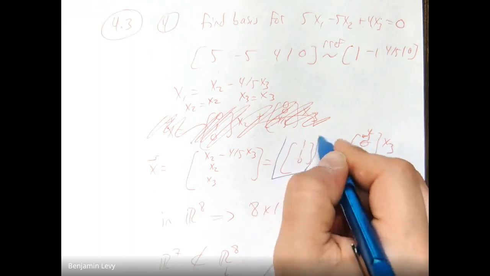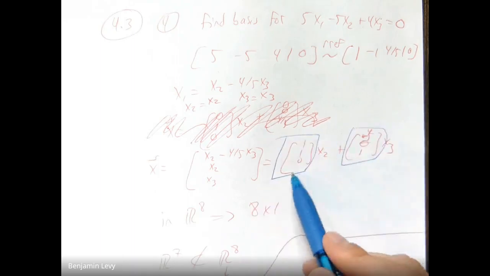So these two things are the basis elements, because you're doing linear combinations of those two things. Yeah, that seems to make sense.